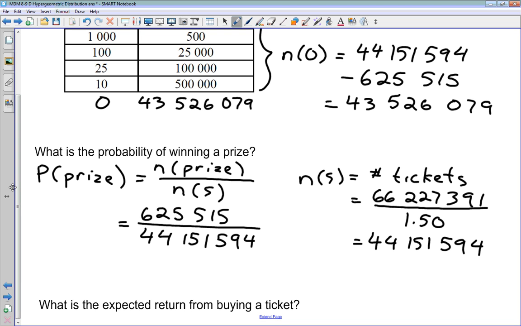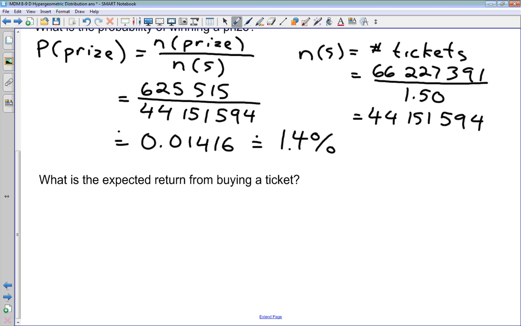So our probability here, punching this into our calculator, is approximately equal to 0.01416, or about 1.4%. Which means, by subtraction, that 98.6% of the people who buy a ticket do not win a prize, or rather they win a prize that has a value of $0.